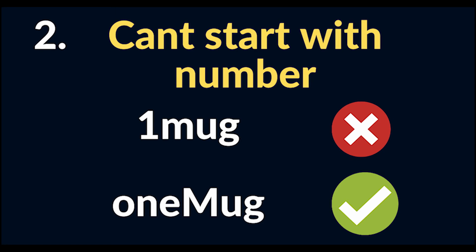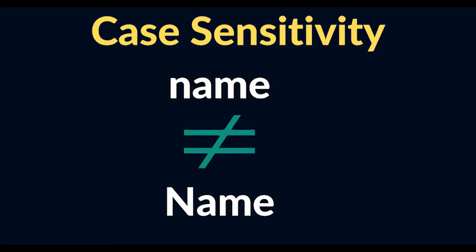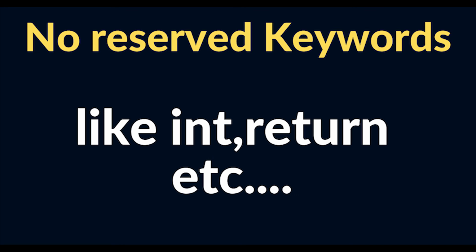And they must start with a letter. They can't start with a number. Also, in C#, variables are case sensitive. That is, name with a small n and Name with a capital N are considered different names. And also, variable names cannot contain reserved keywords. For example, int. I will provide a list of these keywords in the description.